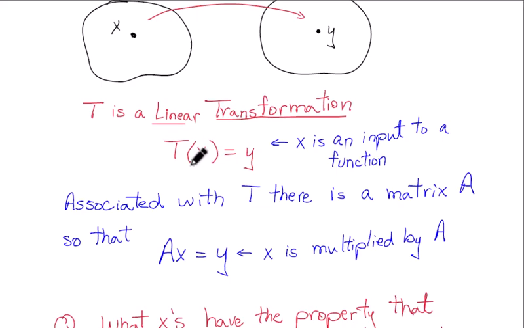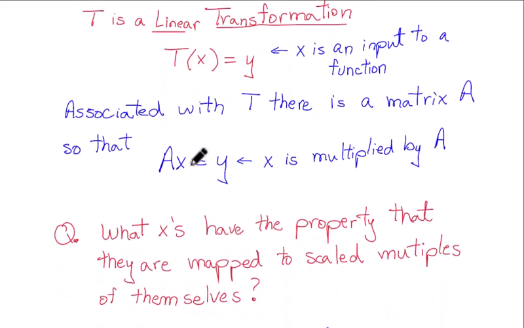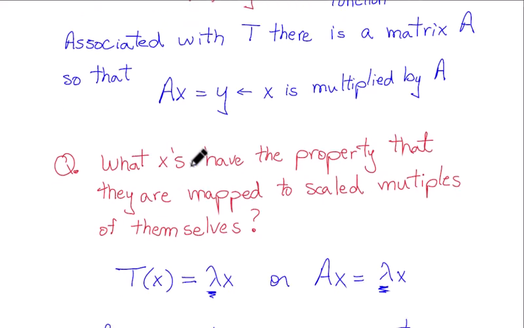So here's the question. What x's have the property that they are mapped into scaled multiples of themselves? Here's what I'm saying. T of x, when I put that x in as an input, the output is just a scaled version, a constant times the original.